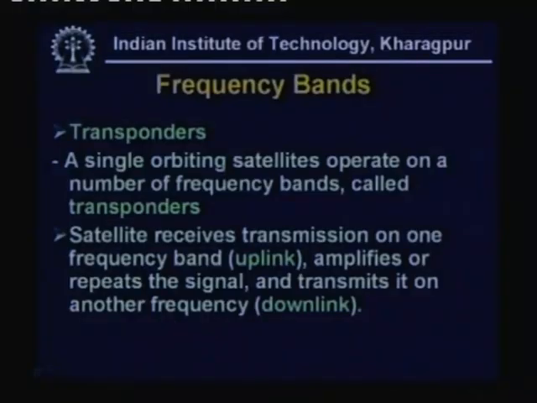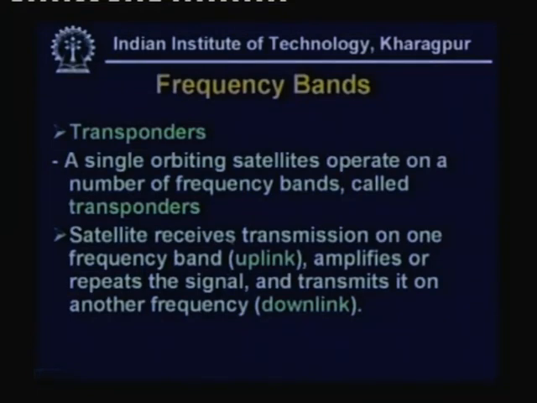Then another very important characteristic is that you can have a number of transponders, and a single orbiting satellite operates on a number of frequency bands called transponders. That means a single satellite can operate on a number of frequency bands within that 4/6 gigahertz frequency band, and with the help of a number of transponders, the communication with many ground stations is possible.